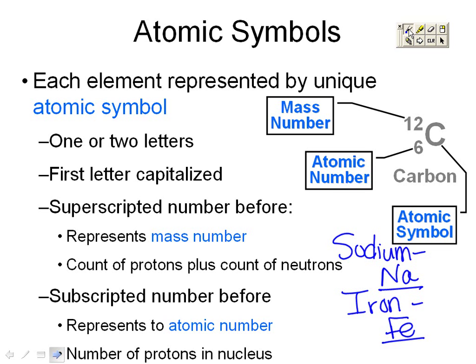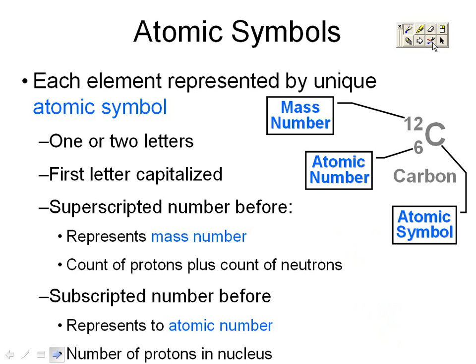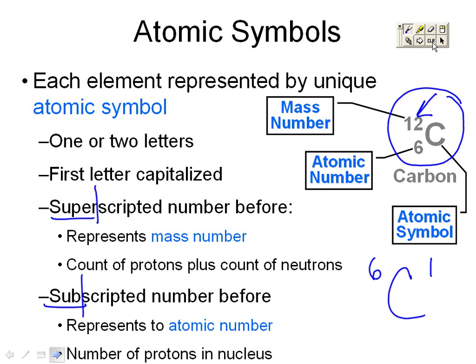Now look at the numbers, because the numbers each reference something. In one case, you may see the numbers arranged in this way, where we have what we call a superscript, meaning it is above, or a subscript, where it is below. In your textbook, these exact same numbers are represented this way, where technically they're both superscript.